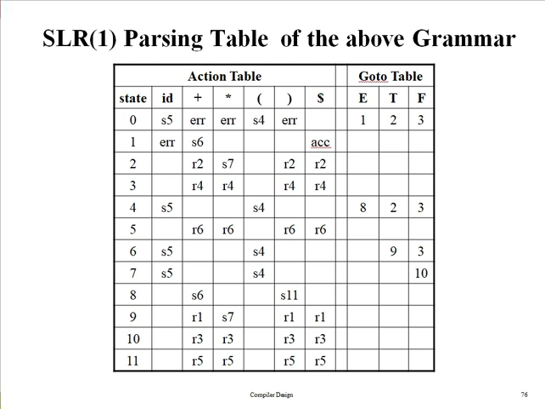So as we have discussed in our previous session, there are only two types of conflicts: shift reduce conflict and reduce reduce conflict. If either a shift reduce or a reduce reduce conflict is observed in the parsing table, then we can say the grammar is not SLR.